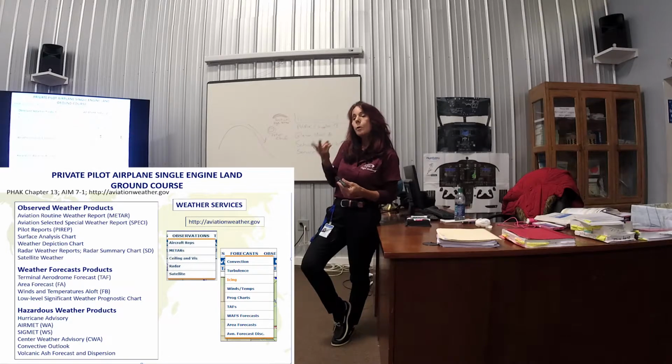Observed is two ways, human observed and computer observed. Forecast: meteorologists are using computers and they're putting all their magic together and forecasting what it could be. And hazardous. After each of the services we talk about, we're going to aviationweather.gov.